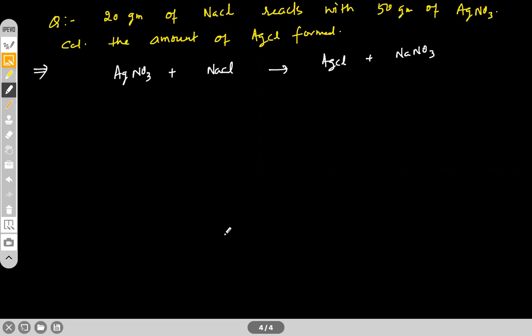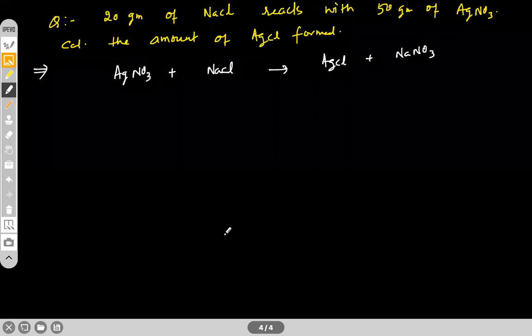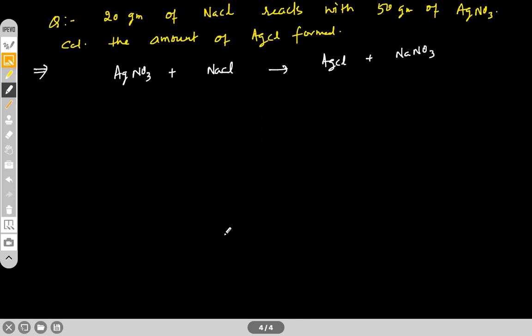Oxygen is 16. 41.6 is close, Shitish. Not correct, but close. Chlorine is 35.5 and sodium is 23.